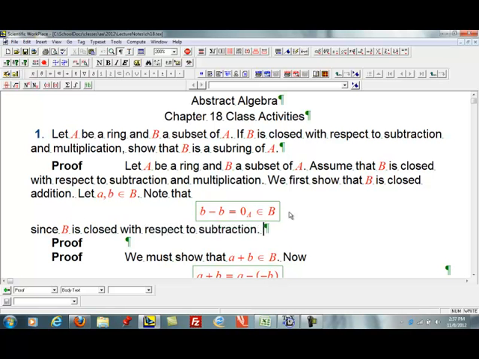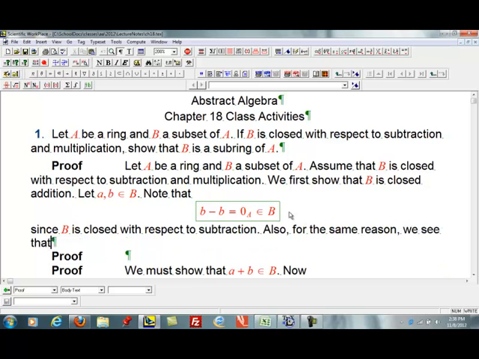Now, tell me something else. What could I add to a minus B to show that minus B was in B? Why?